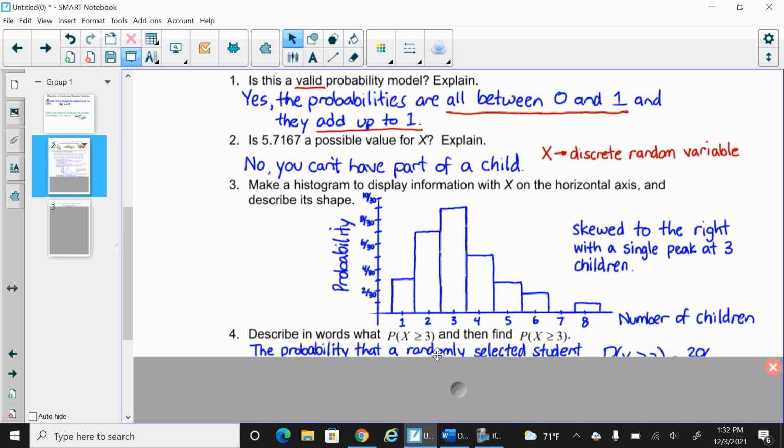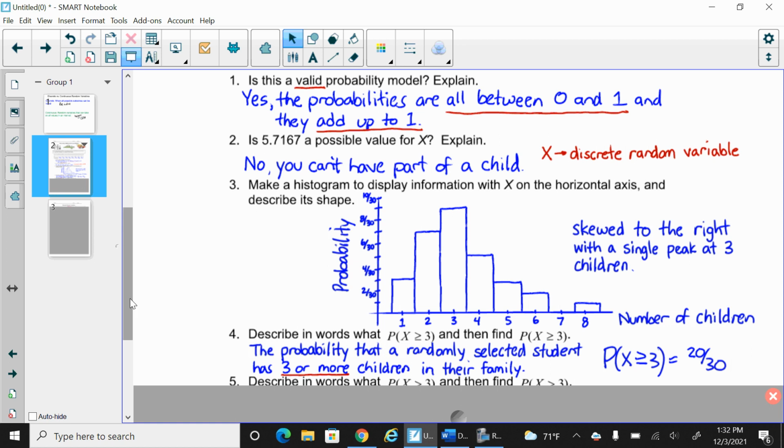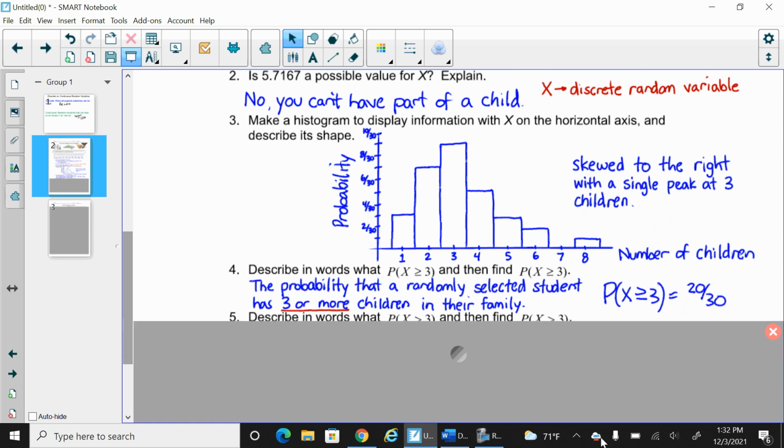Now we're going to describe what this probability statement means in question 4. The probability that X, your random variable X, that is the number of children in a family, is greater than or equal to 3. The probability that a randomly selected student has 3 or more children in their family, well, I go back up and I add them up.